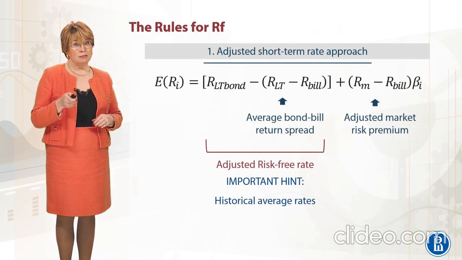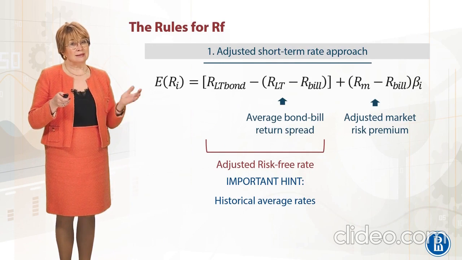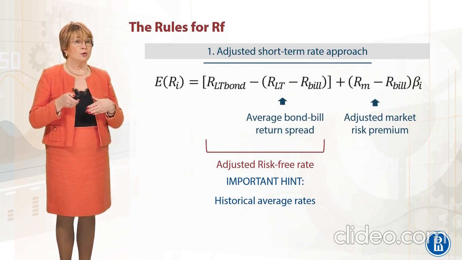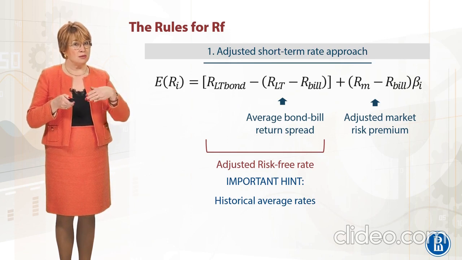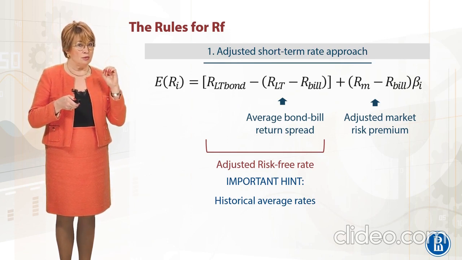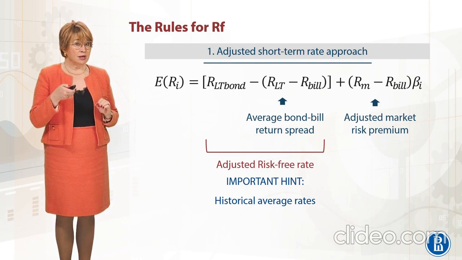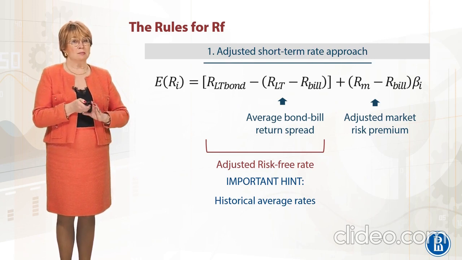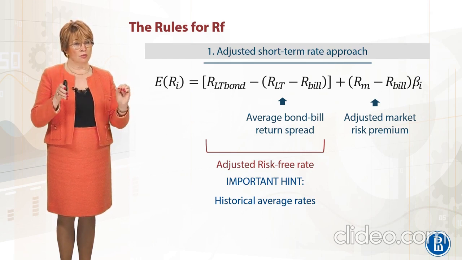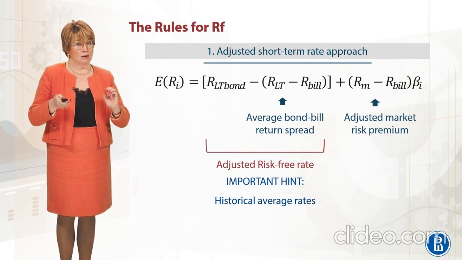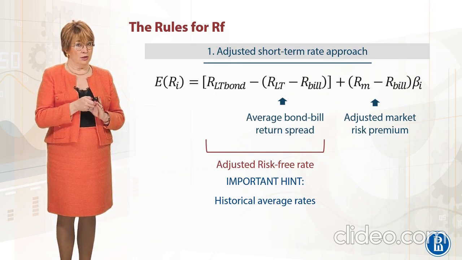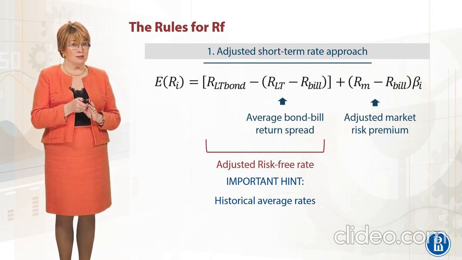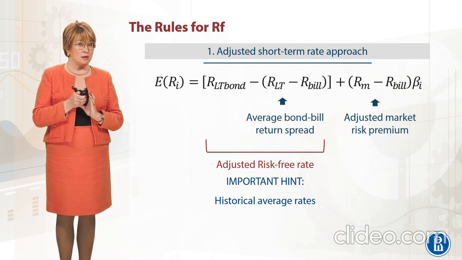And what is going to happen then if we still want to follow that particular conception to apply treasury bills instead of treasury bonds? The capital asset pricing model should be adjusted for that particular approach. In the first term, on the right-hand side of the equation, you see how we should adjust the risk-free rate.